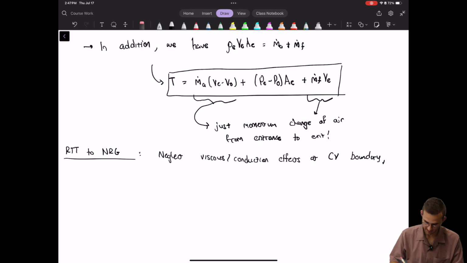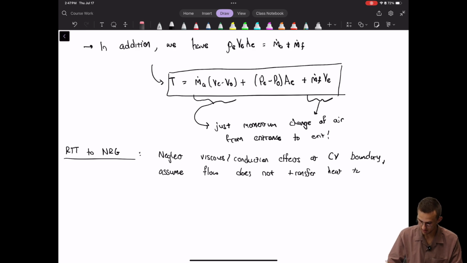And we'll also assume that the flow does not transfer heat to the engine. Okay, just to make our analysis a little bit cleaner.